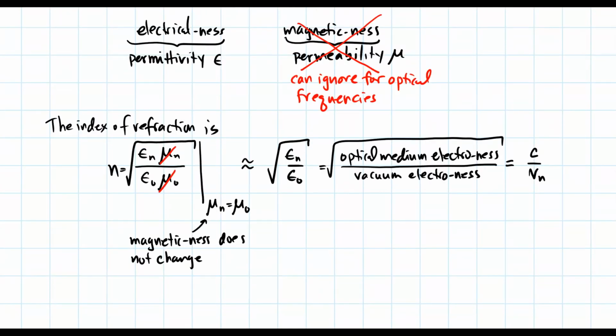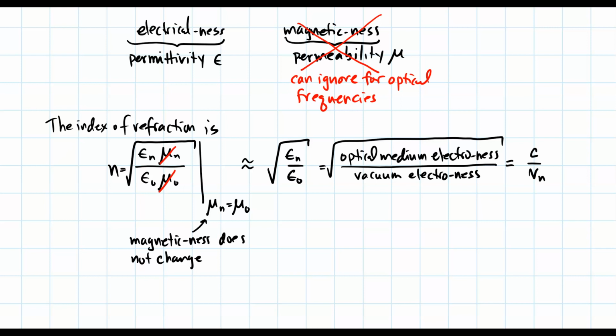That is, the index of refraction is n, which is equal to the electrical and magnetic properties of a material over the electrical and magnetic properties of the vacuum. And since the magnetic property does not change as you cross that optical boundary, I can cancel these out, and then it's the ratio of these two things.